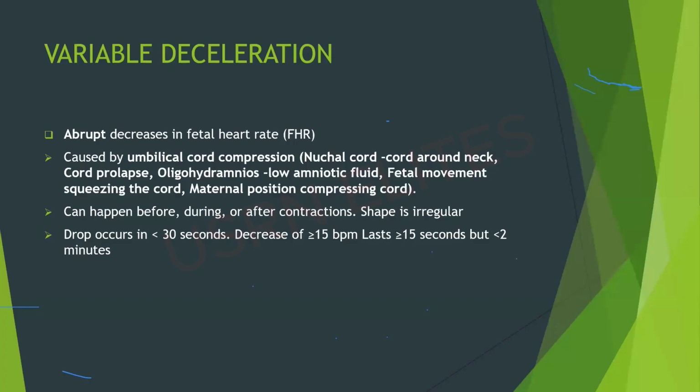All right. So as we are saying, we are looking at compression. The cord is being compressed, and that is resulting in this. As we said, maternal position can be a factor. We can have nuchal cord. We can have oligo.